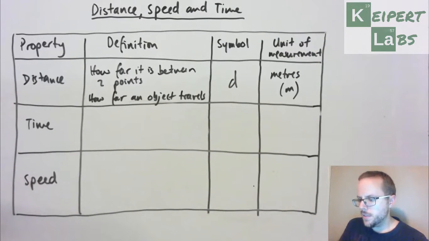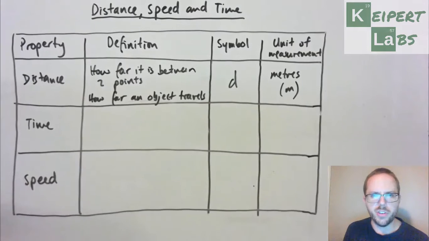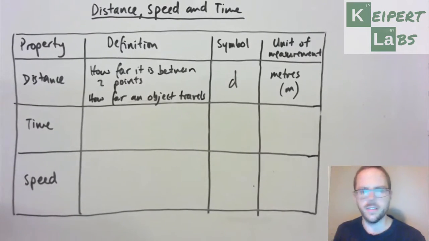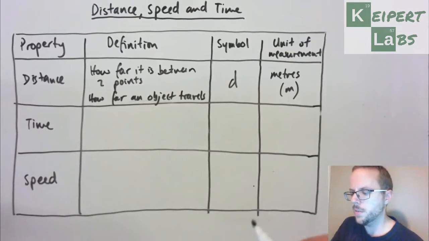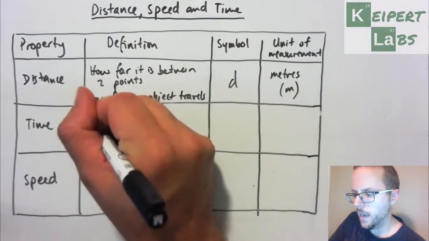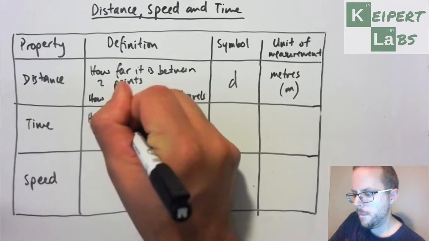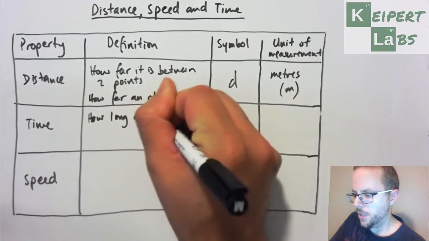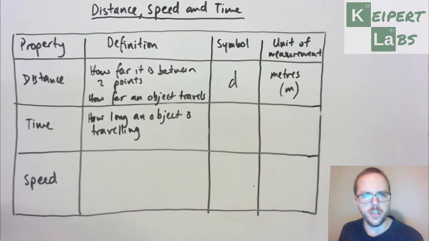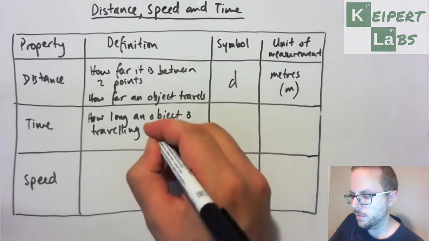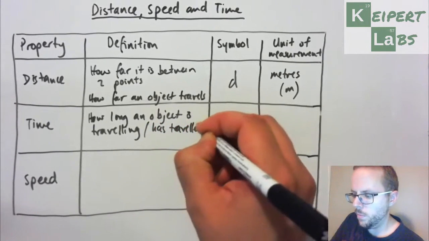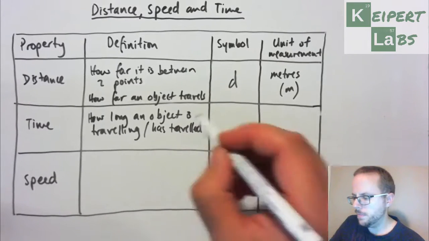Okay, so time. Now, we're not trying to think of anything too abstract here. We're not getting into Einstein sort of territory. If you want that, ask Mr. Holmes. But here we're talking about time, so how long an object is travelling is how we're going to define it in this situation. Is travelling or has travelled, depending on whether we're caring about the past tense or not.